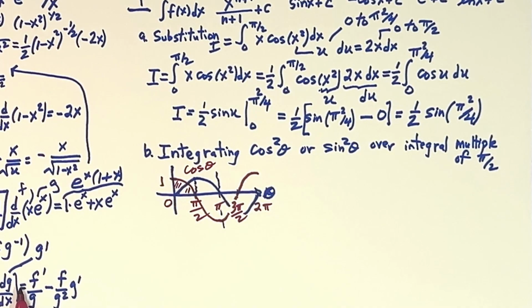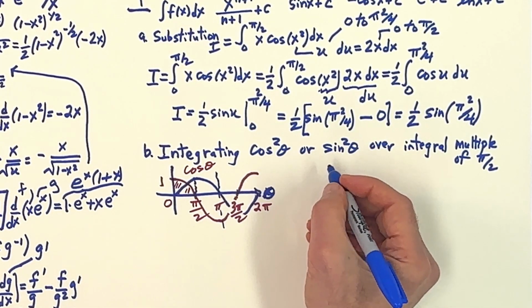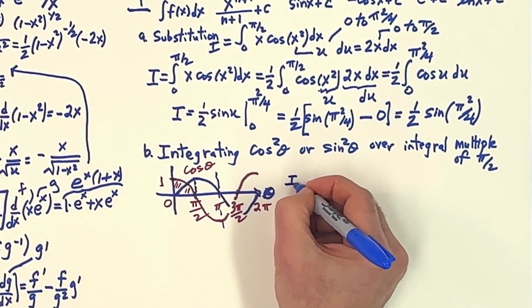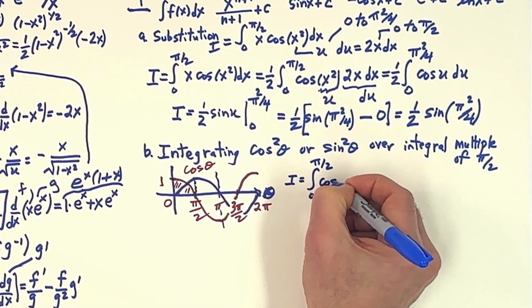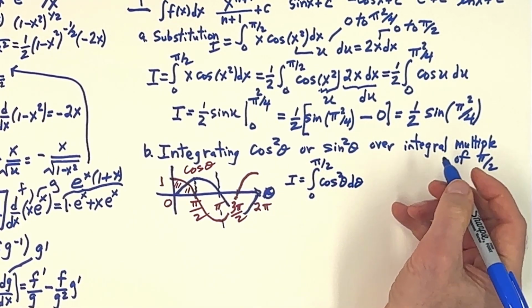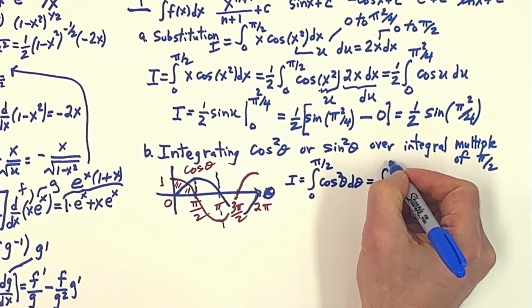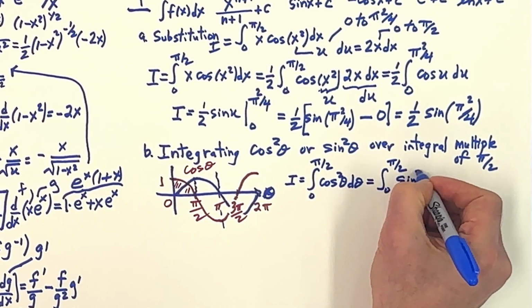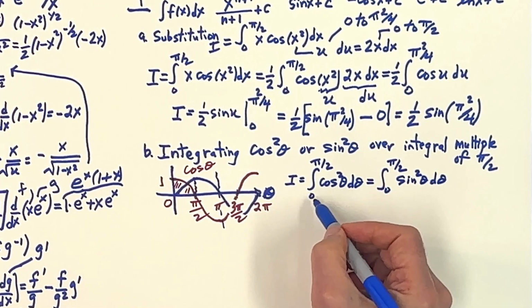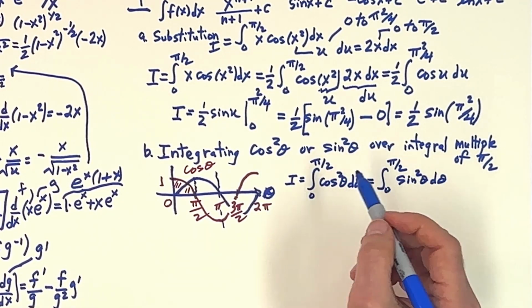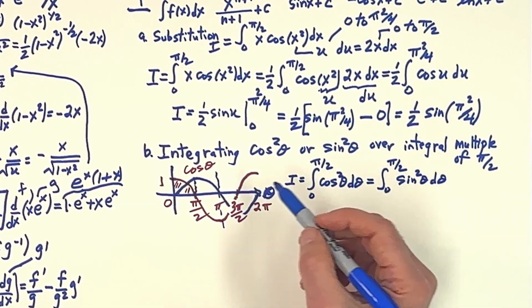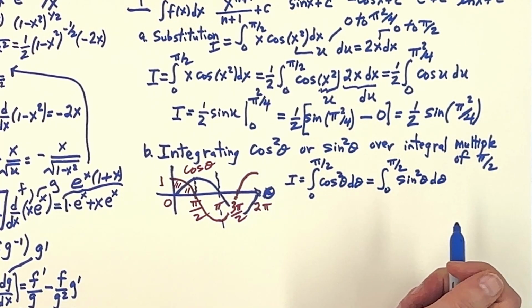So the point is the integral is going to be the same when you go over an integral multiple of pi over 2. So that means if I went to integrate, say, from 0 to pi over 2, cosine squared theta d theta, that's going to be the same as integrating from 0 to pi over 2, the sine squared. And that's going to be the same for 0 to pi, or 0 to 3 pi over 2, or pi to 3 pi over 2, as long as I'm going a multiple of pi over 2.